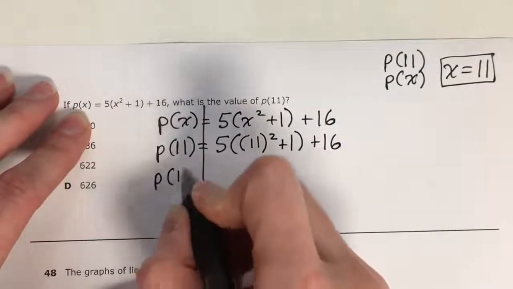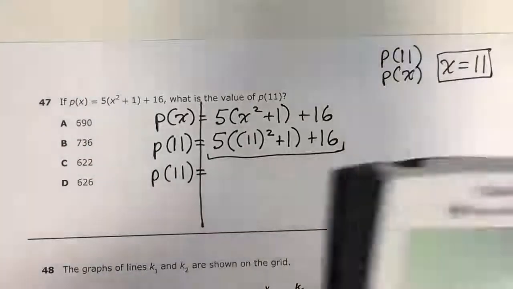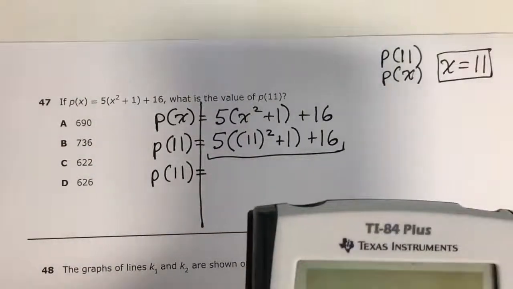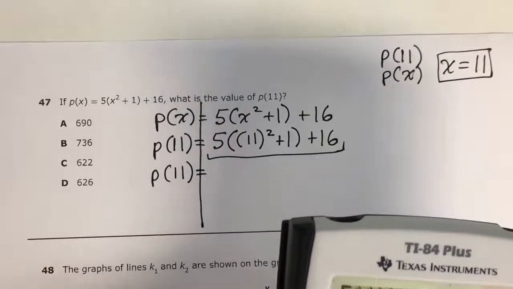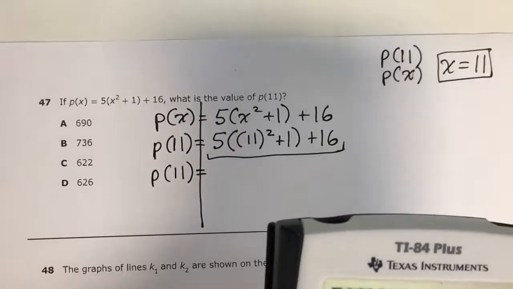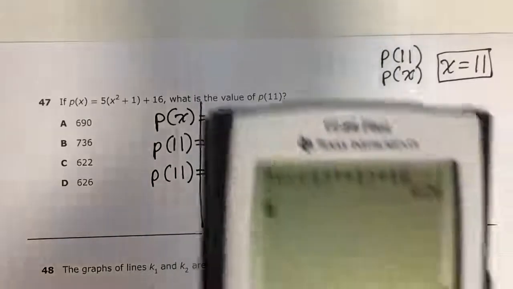So p of 11 equals, put this all in the calculator. So second mode, 5 parenthesis, parenthesis 11 parenthesis squared plus 1 parenthesis plus 16. I get 626.